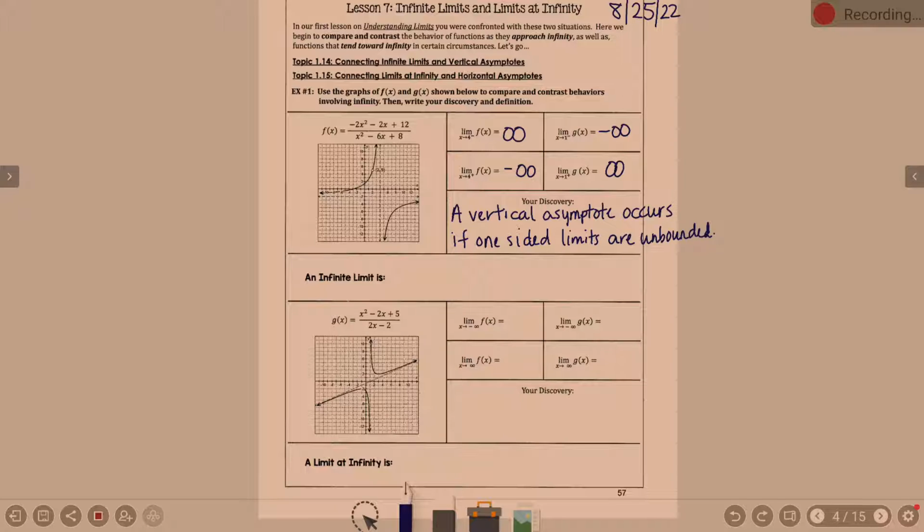So going to infinity and negative infinity are unbounded.